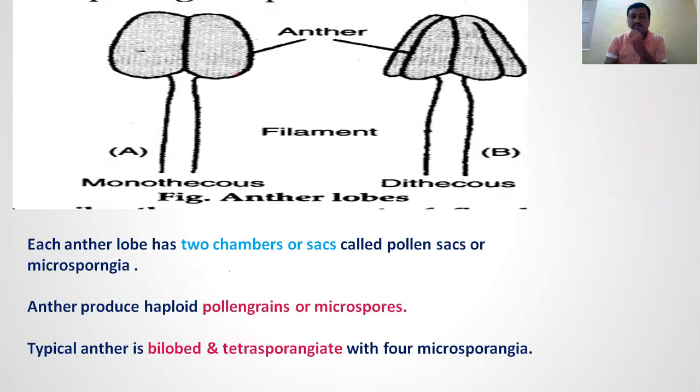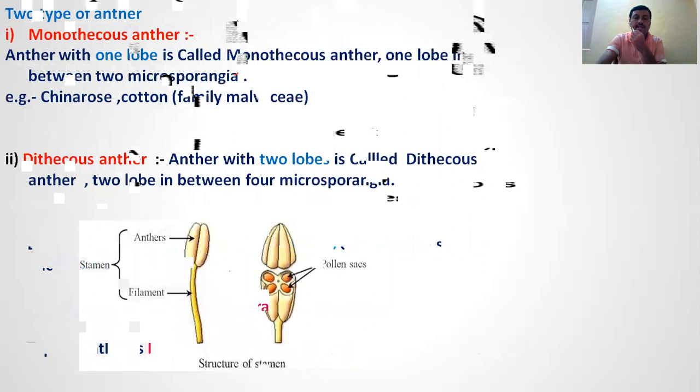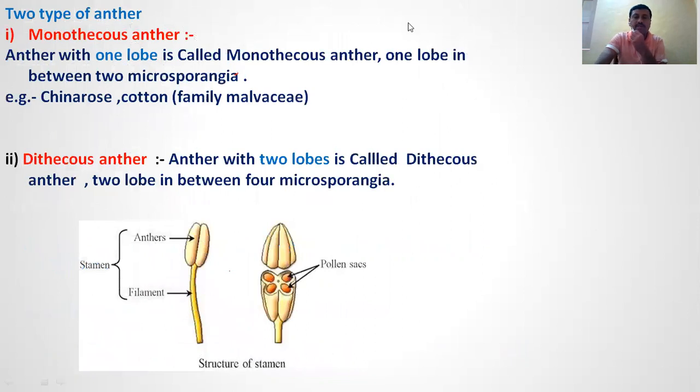Each anther lobe has two chambers or sacs, also called pollen sac or microsporangia. We just saw what we call a pollen sac: the chambers. One lobe has two chambers, two lobes have four chambers. Like this diagram, it will be clear in these diagrams.